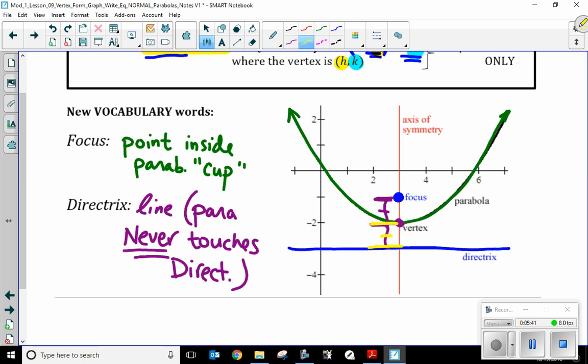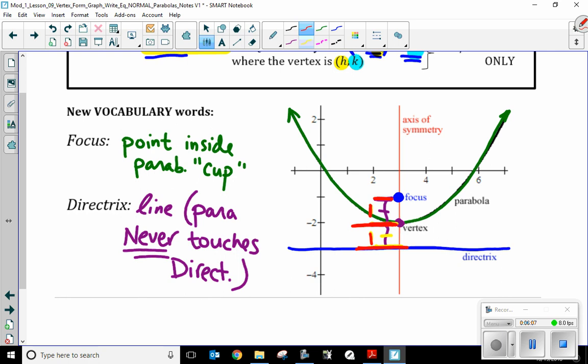So if this had a distance of 1, this is also 1. Those are always the same.